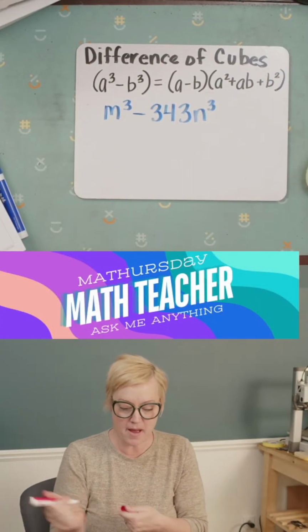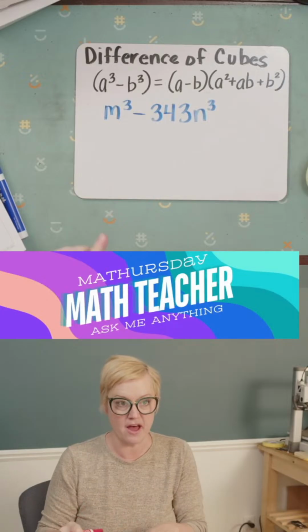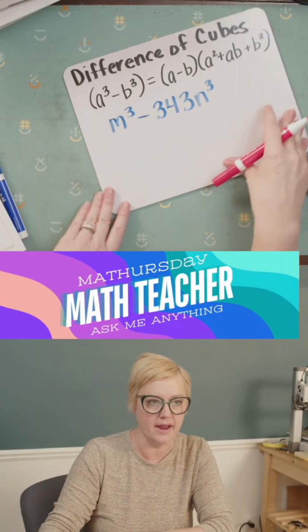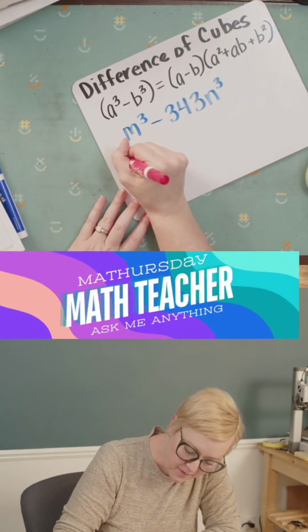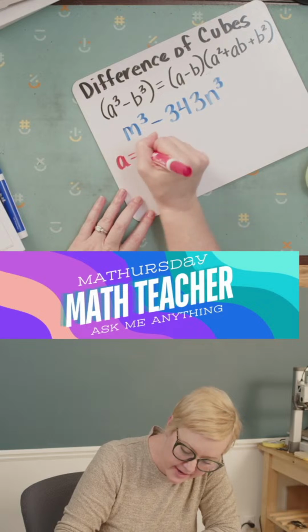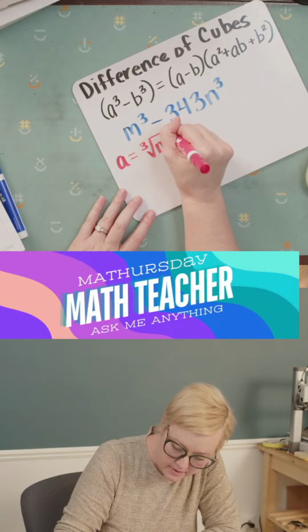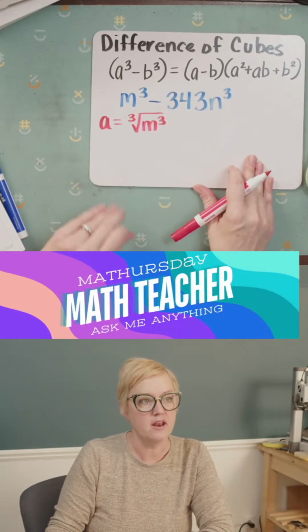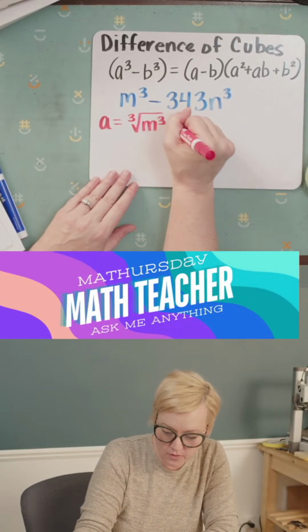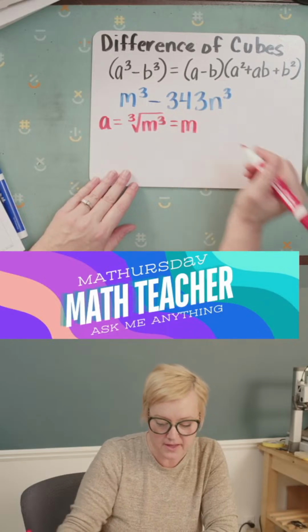So to find my A value so that I can just plug it in, A is going to be the cube root of m cubed. Now, the cube root of something cubed is just that something. So that's going to be m.